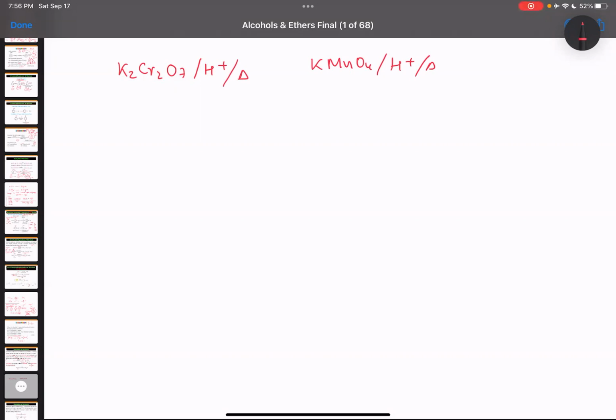Correct. So what's the change which you observe? Suppose I give you a test tube with a primary alcohol, and another test tube with a tertiary alcohol, and you put this reagent in.